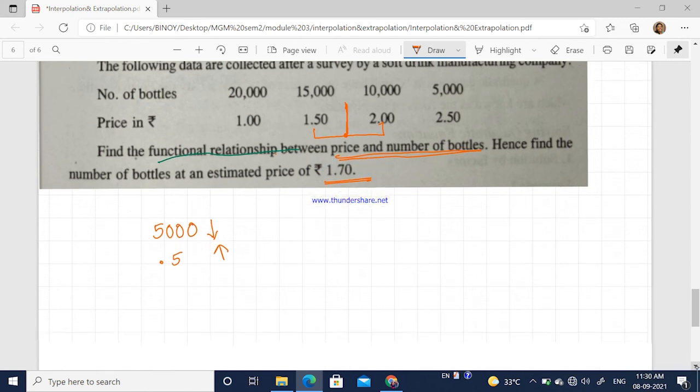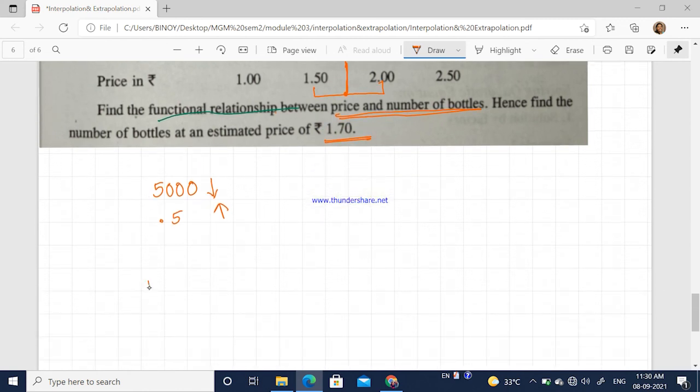If that is the case, what is the value if it is 1.70? At 1.50, the number of bottles is 15,000. Then at 2 rupees, the number of bottles is reduced to 10,000.